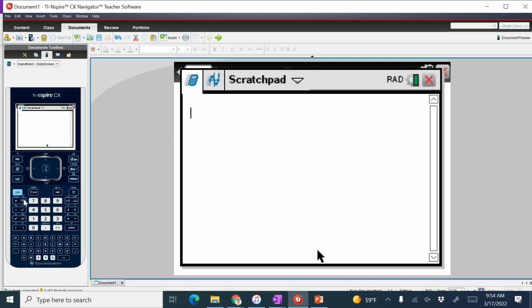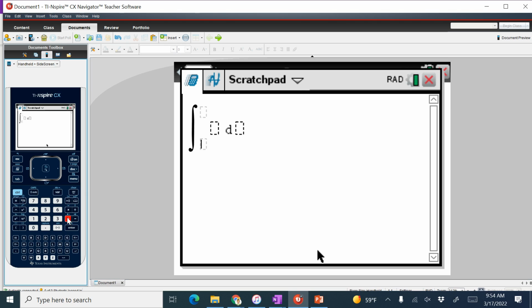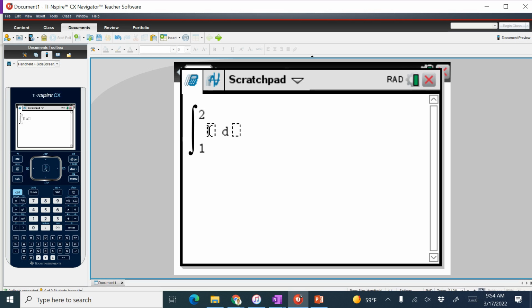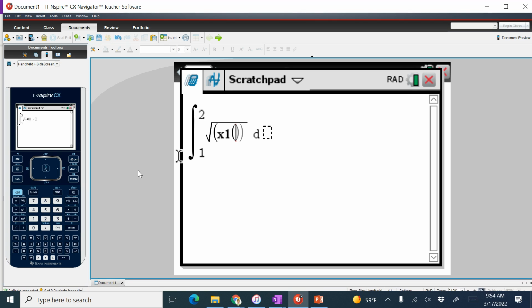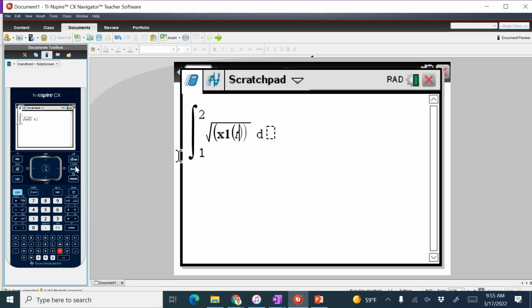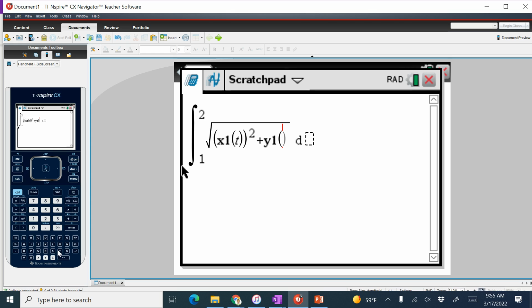All right, I'm back here. What do I have to do to get the integral? Shift plus 1 to 2. Square root, so control x squared. Ooh, that's not where I wanted it, is it? I'm going to come back down here. Control x squared. And then I'm going to do some parentheses. Var x1. Oh no, it is in derivative, right? So we don't need to worry about putting it in derivative. x1 squared plus var y1 of t.